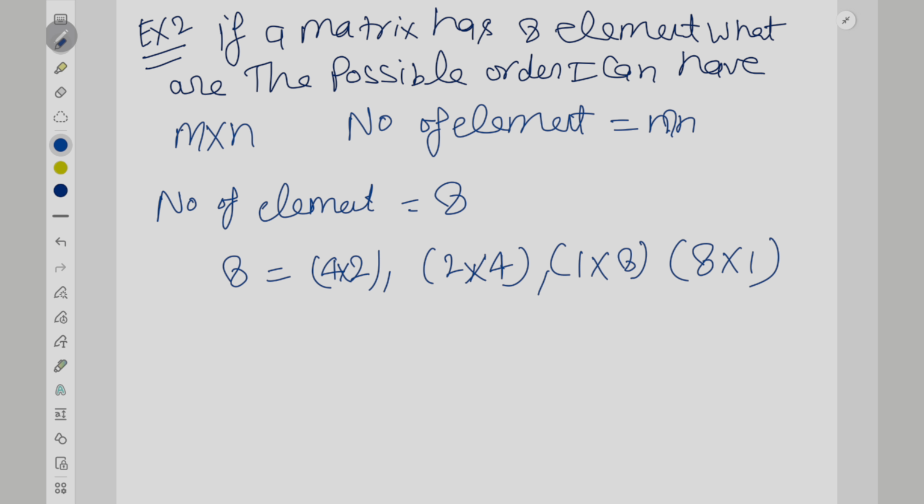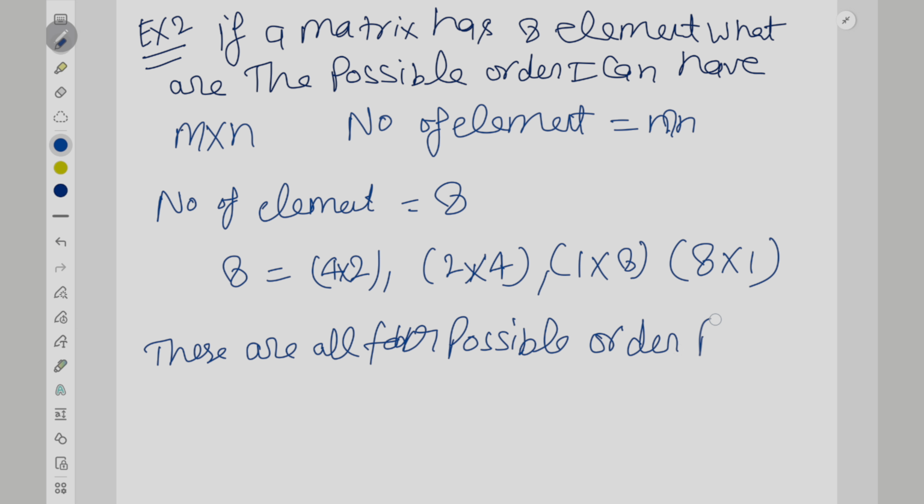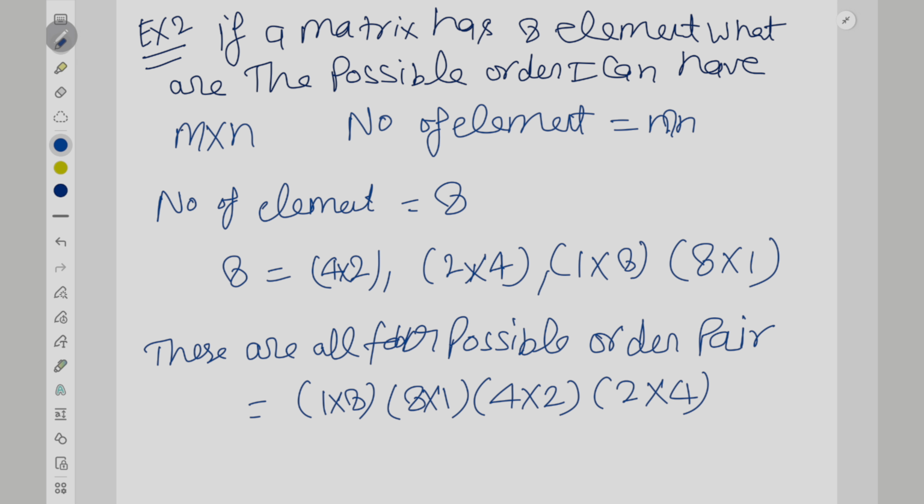These are all 4 possible order pairs: 1 cross 8, 8 cross 1, 4 cross 2, and 2 cross 4. These are the possible orders of the matrix.